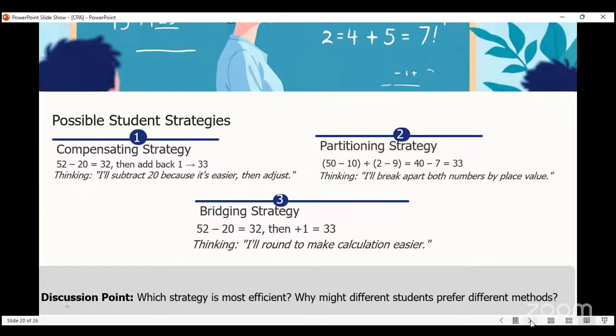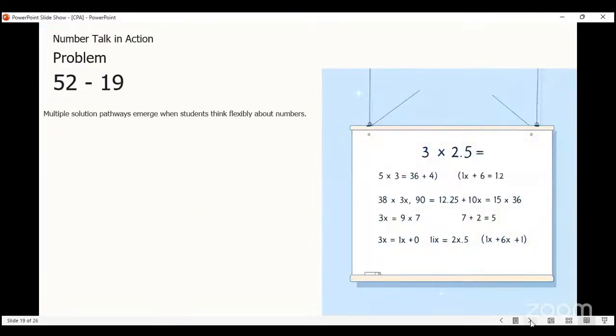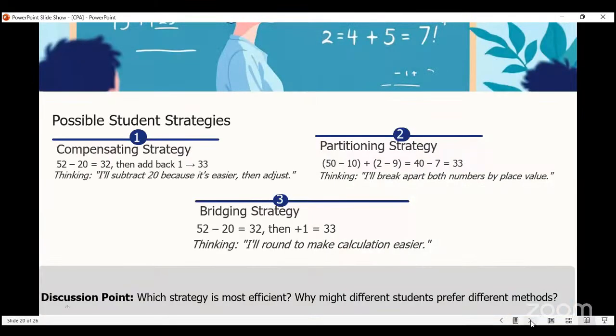So to solve that sum, 52 take away 19, we added 1 to 19 to make 20, so that it will be easier to just take 20 out of 52. 52 take away 20 gives you 32.